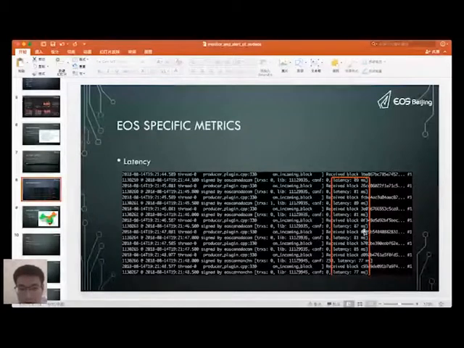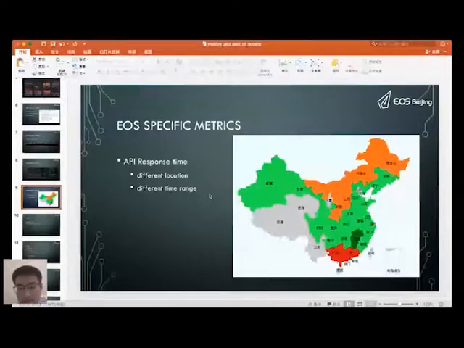For the app developers who provide their own nodes and API endpoints, I think the most important thing is the API response time for your end users.